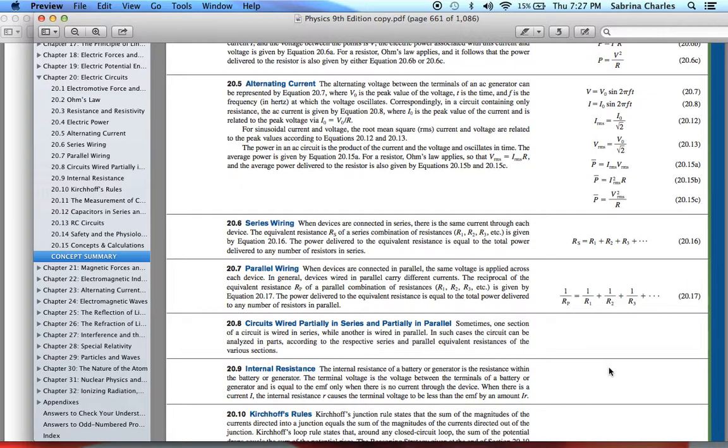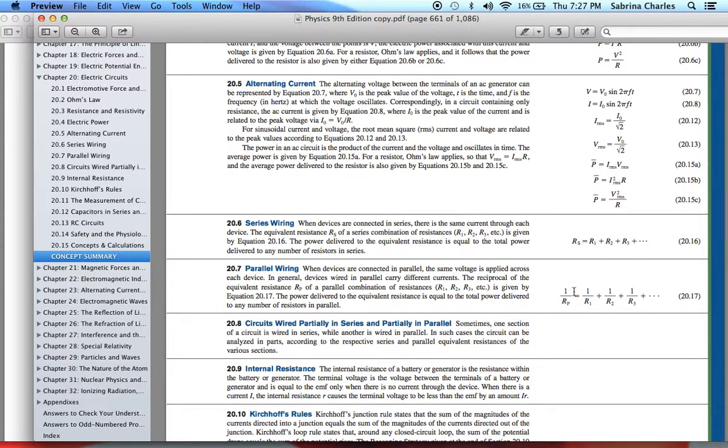Whenever devices are connected in parallel, the same voltage is applied across each device. In general, devices wired in parallel carry different currents. So the reciprocal of the equivalent resistance Rp of a parallel combination of resistances R1, R2, R3 is given by the equation right here. And so the power delivered to the equivalent resistance is equal to the total power delivered to any number of resistances in parallel.